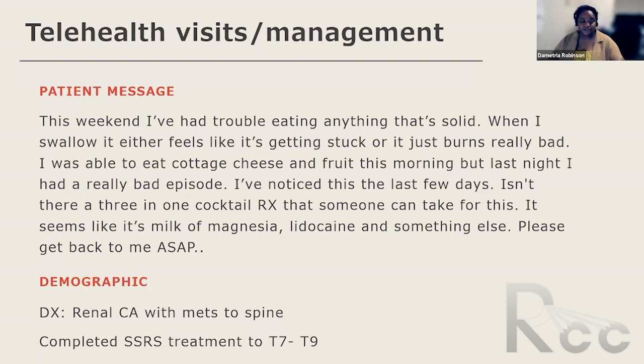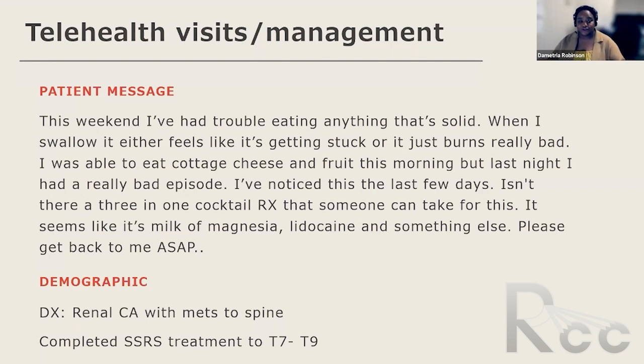So this patient is a renal cell patient whom we treated at T7-8, and the patient is complaining of difficulty swallowing. When you think about where we're treating and where she's complaining about, they don't really coincide with each other. T7-8 is going to be a little bit lower, on the lower part of your ribs and your abdomen. She's complaining of difficulty swallowing, and that might not be related.